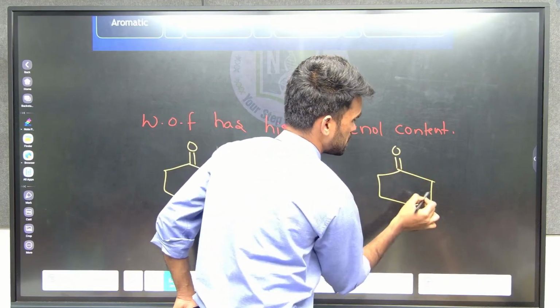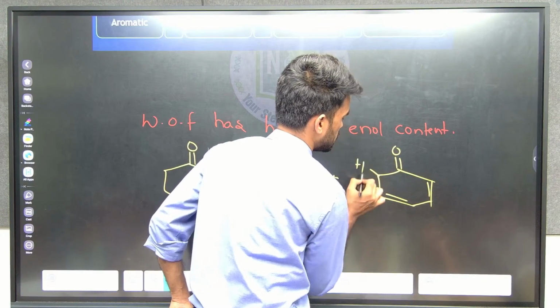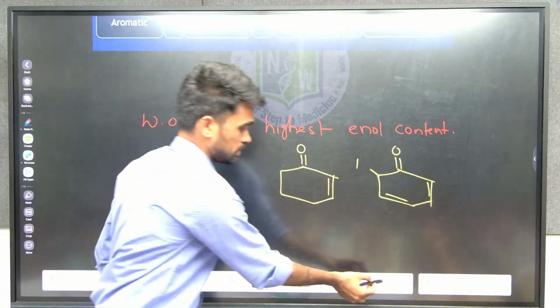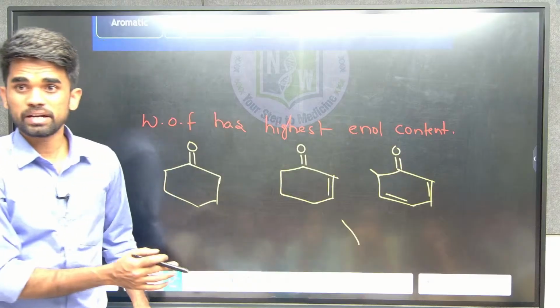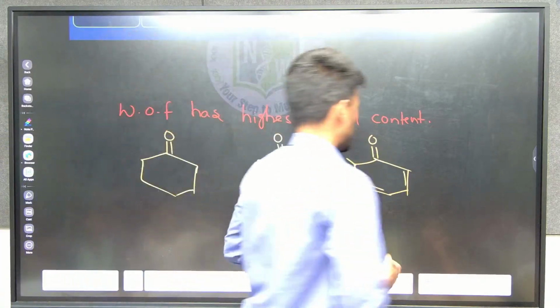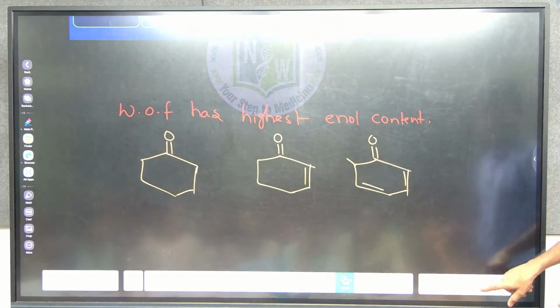You know aromaticity? Have you heard about this word aromaticity? Any time? Okay. You don't know about aromatic compounds? Okay, we'll study it once I'm explaining aromaticity. We'll explore this type of questions.